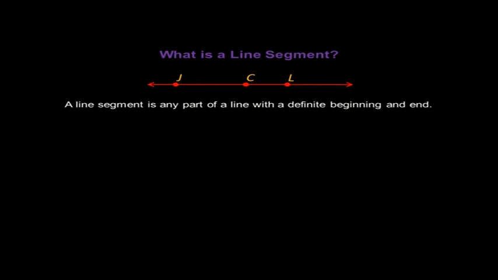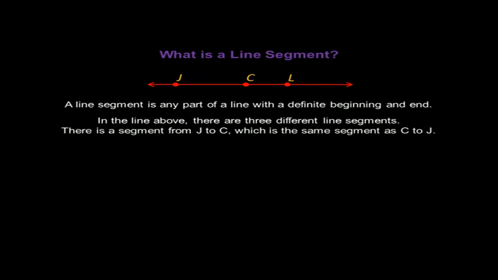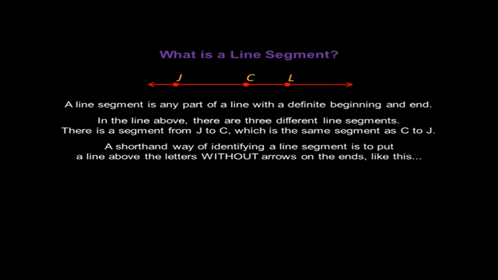What is a line segment? A line segment is any part of a line with a definite beginning and end. In the line above, there are three different line segments. There's a segment from J to C, which is the same segment as C to J. A shorthand way of identifying a line segment is to put a line above the letters without arrows on the ends, like this.